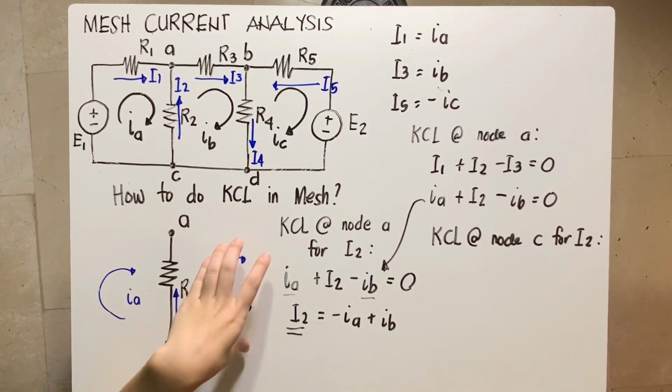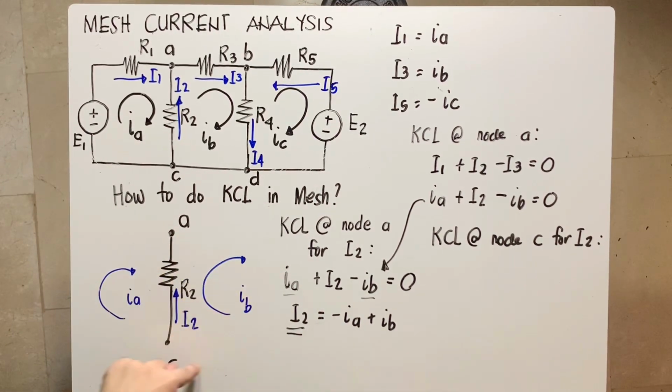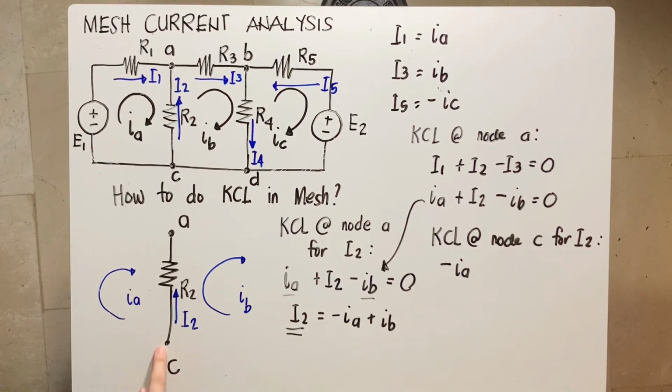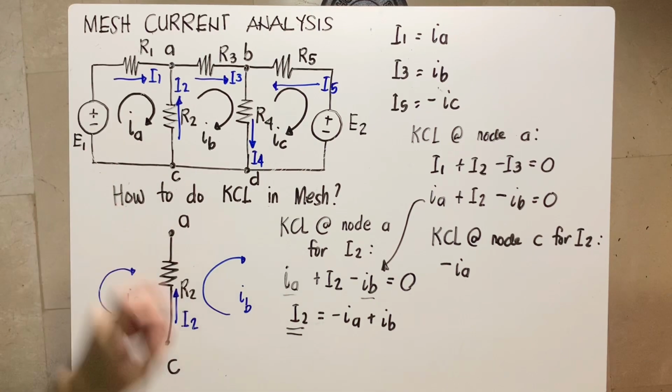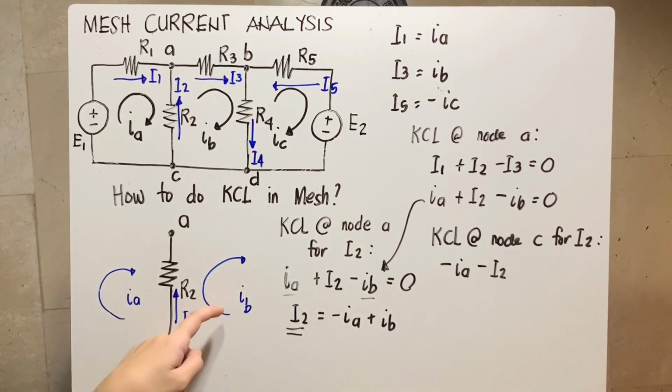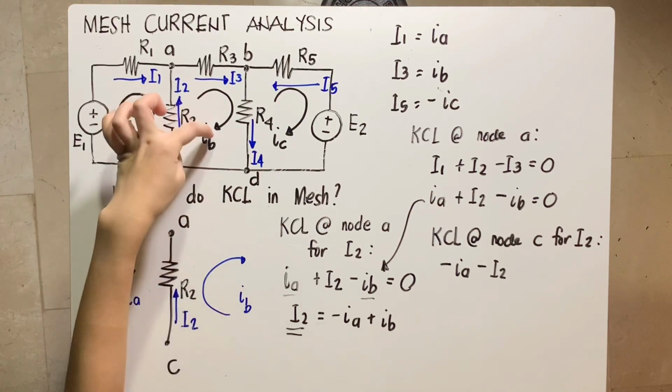And yung mesh current sa right, sa taas yung lalabas, sa ilalim yung papasok. So, pag dating mo sa ilalim, pag dito ka nag-KCL, mababaliktad ang sequence. So, mangyayari, at node C, IA is leaving, kasi papasok yun dito, tapos lalabas sa ilalim. So, IA is leaving, that's negative IA. At node C, I2 is leaving, di ba? Pataas. So, negative I2.